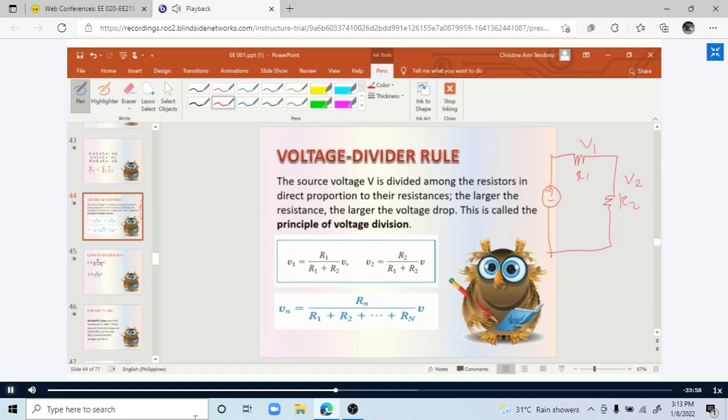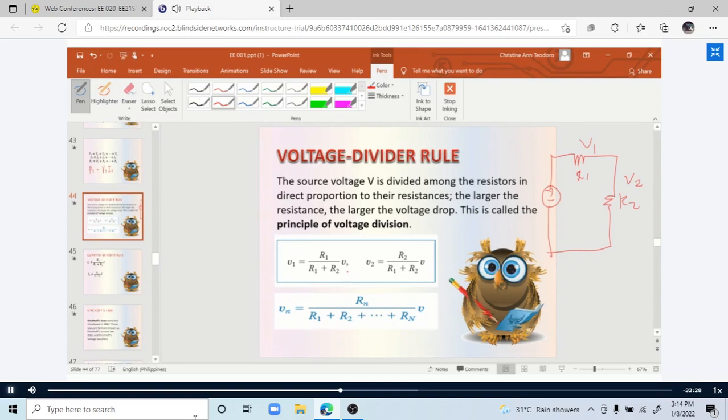If you are going to get V1, you will use this formula: V1 is equal to R1 over R1 plus R2 multiplied by V, wherein V here is not necessarily the total voltage in the circuit. V is the voltage that is being divided by the two resistors.